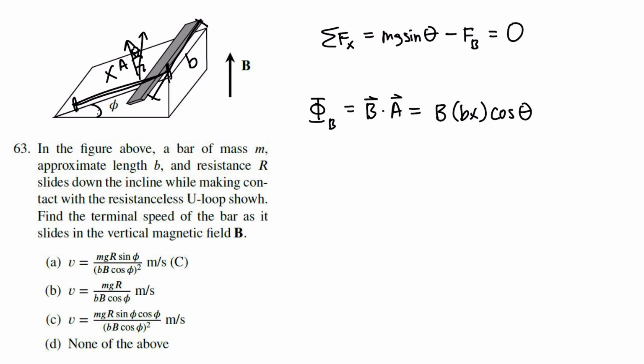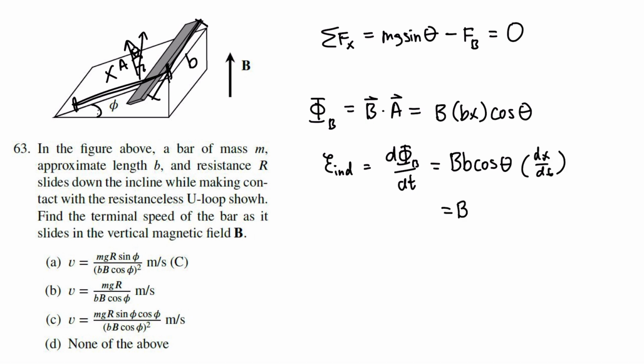So this is theta, this is theta. So then from there, in order to find the induced EMF, we need to do d phi dt. So that would be b cosine theta, and then dx dt, which would just be b v cosine theta.